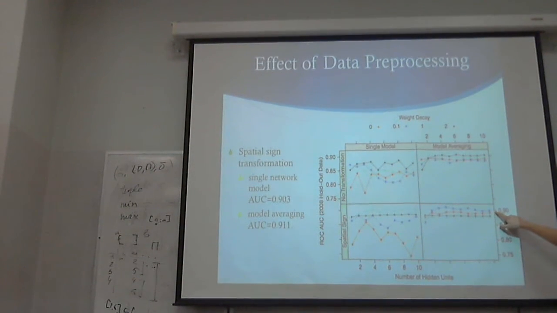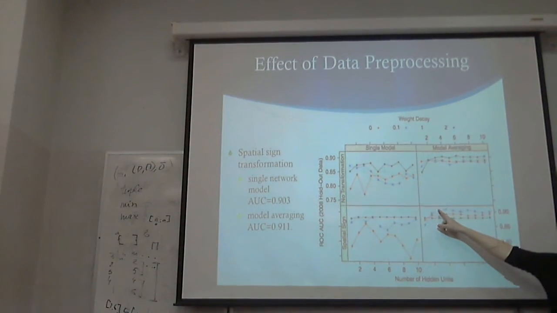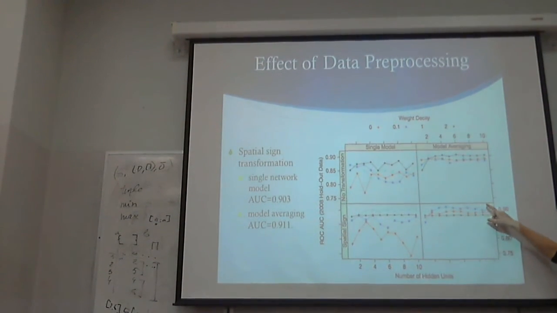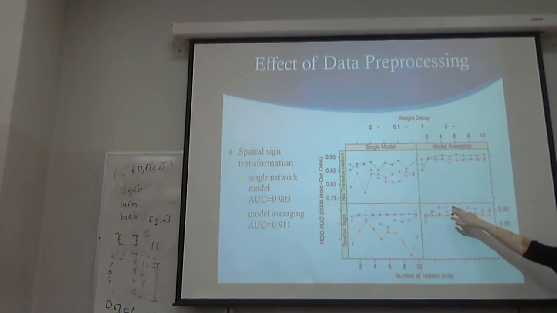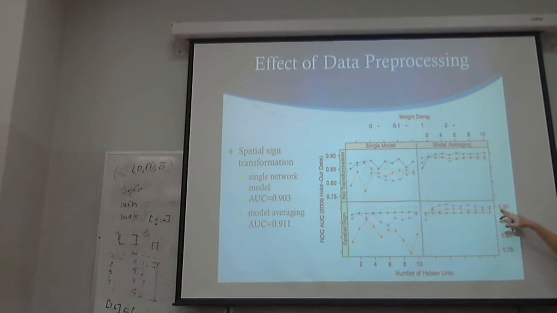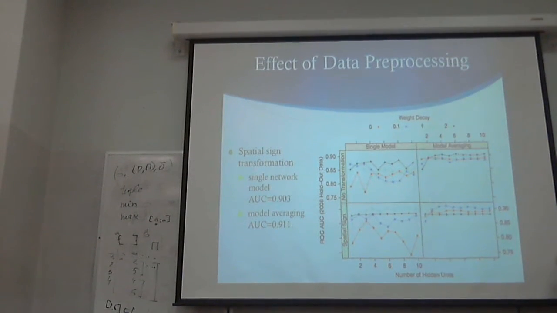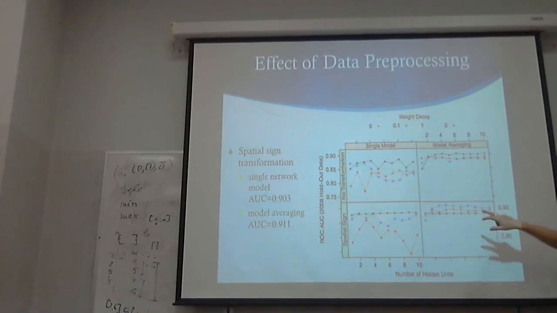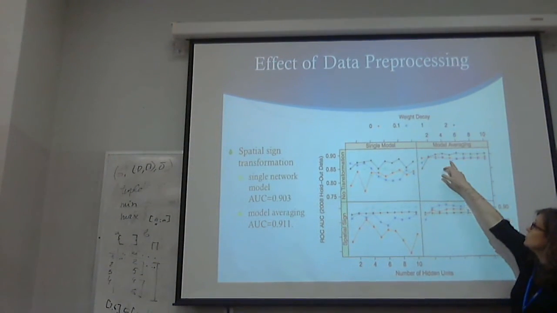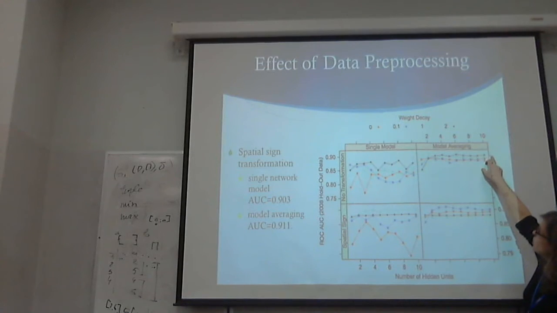So you see the best performance was for the blue curve. The blue curve corresponds to the weight decay of 0.1. And it reaches a ROC value more than 90%. You can see it from the plot. Though, without transformation, this blue learning curve, you see it's below 90%.